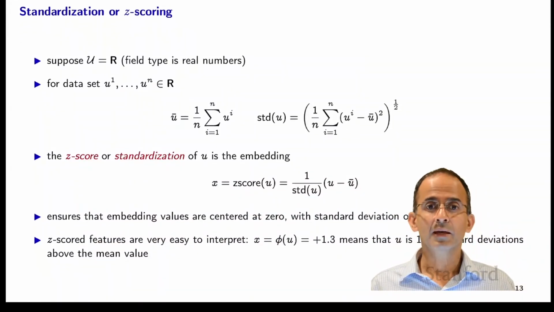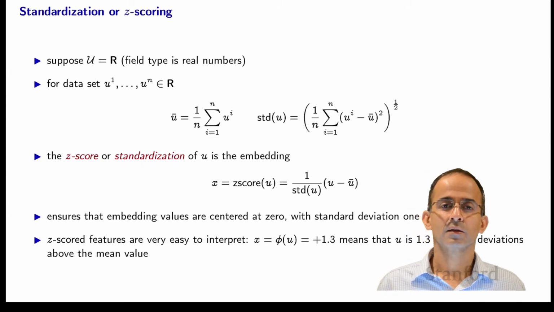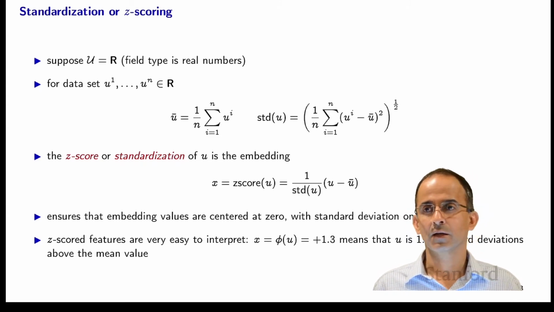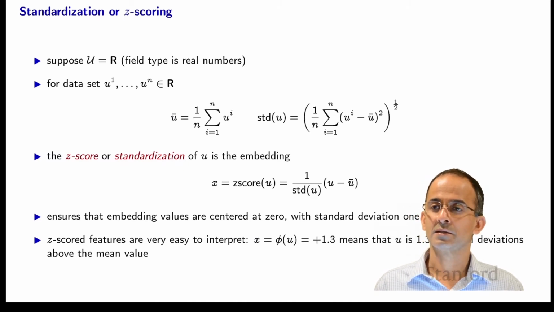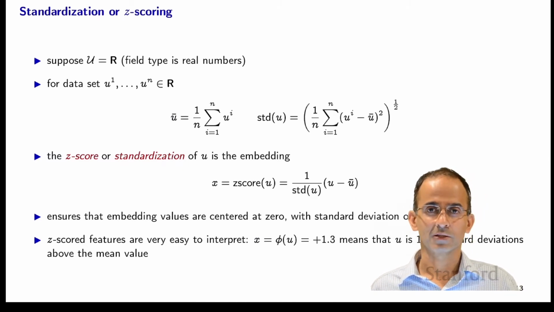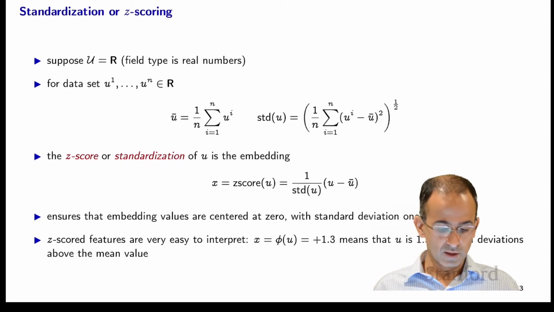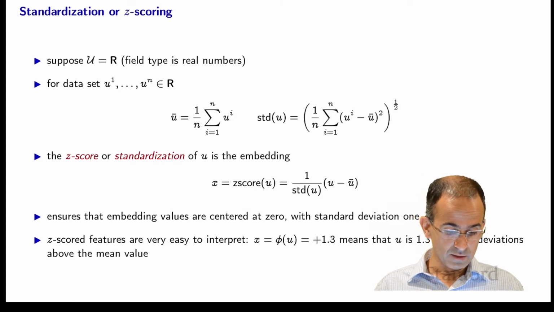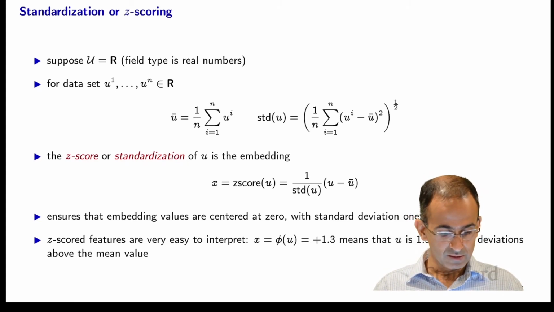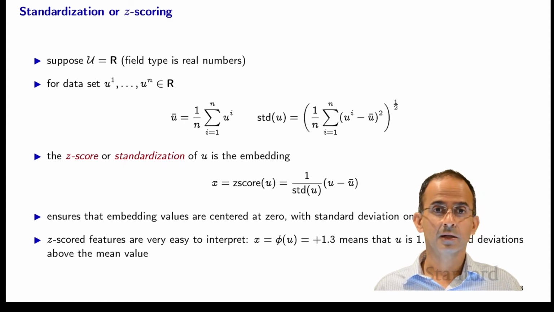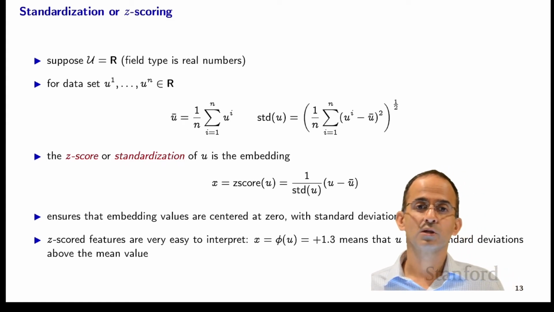And so the way we ensure that all of our data has this property that it's centered at 0 and has values that range between plus and minus 1 is we do what's called standardization. It's also called z-scoring. So suppose we've got real numbers in the field type, and then we've got u1 through un, which are real numbers.